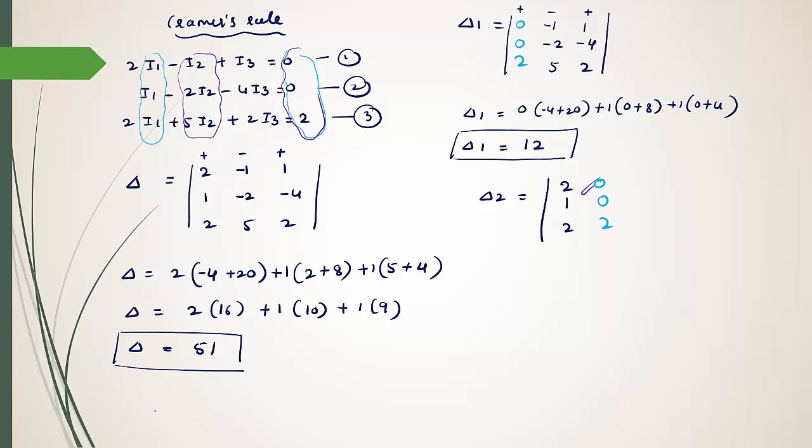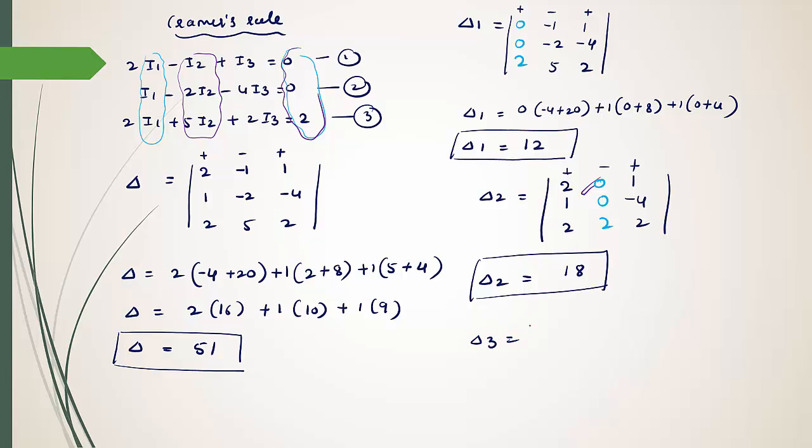Then the third column again we keep as it is. What is the third column? The third column is 1, minus 4, 2. So again find its determinant value. We will get delta 2 equal to 18. I am directly going to write the value of delta 2. You can easily calculate the delta 2 value.